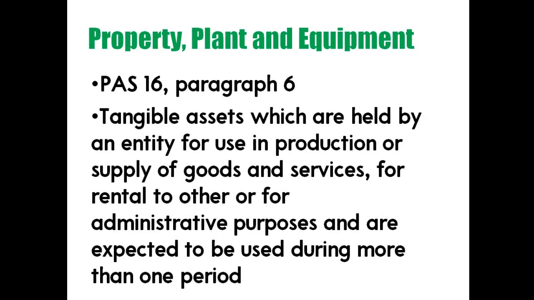They are tangible assets, which are held by an entity for use in production, supply, rental, and administrative purposes. So you have production 1, supply 2, rental 3, administrative purposes 4. You have 4 uses of PPE and are expected to be used during more than one period. Okay? So, yan yung PPE, more than one period siya.